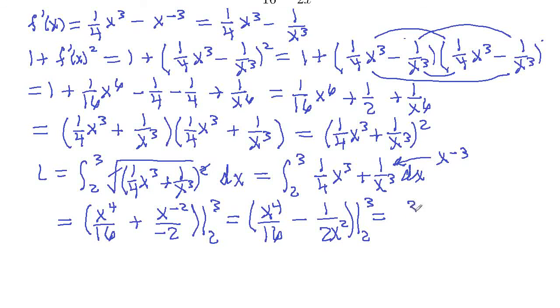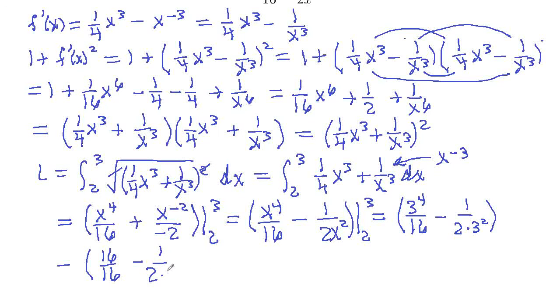So this will be 3 to the 4th over 16 minus 1 over 2 times 3 squared. And then minus, plug in 2 both places. So 2 to the 4th is 16. So 16 over 16 minus 1 over 2 times 2 squared, 2 times 4.